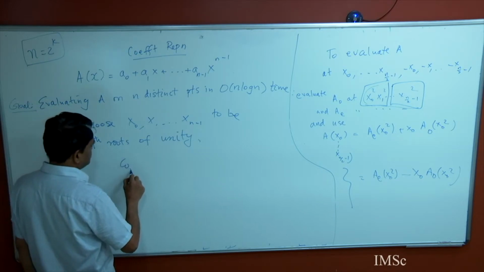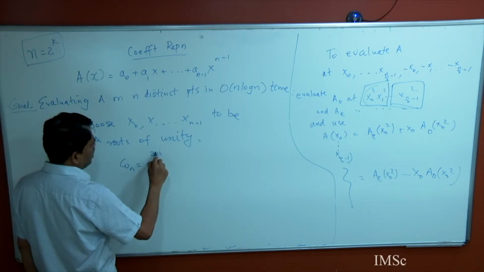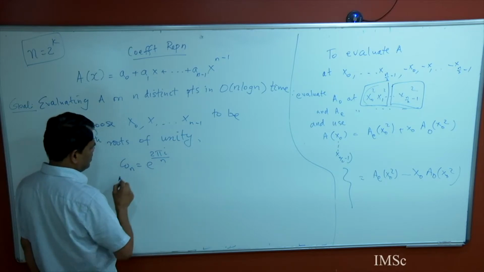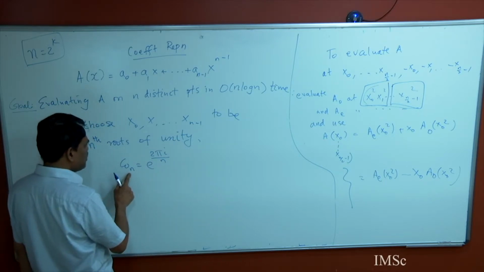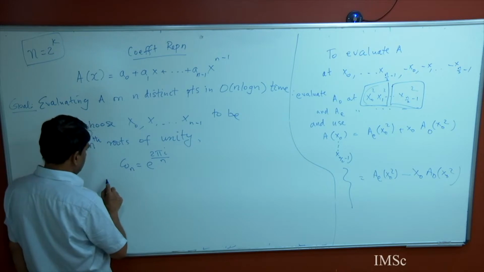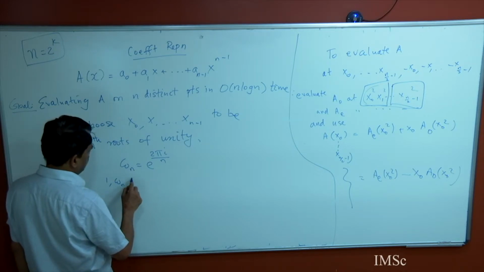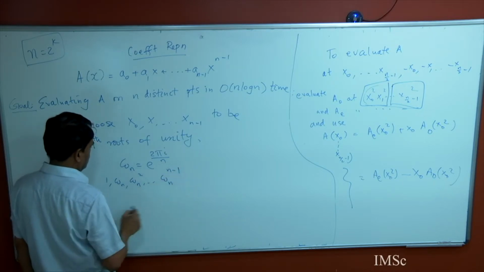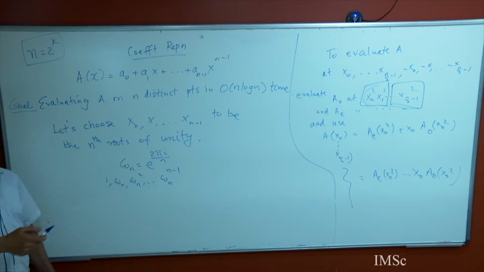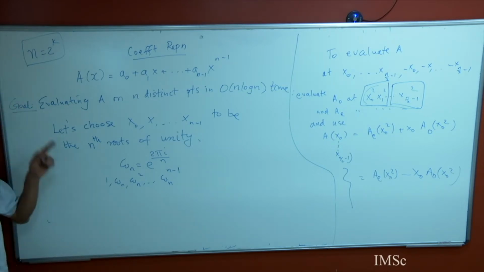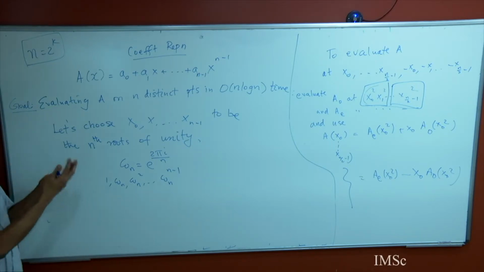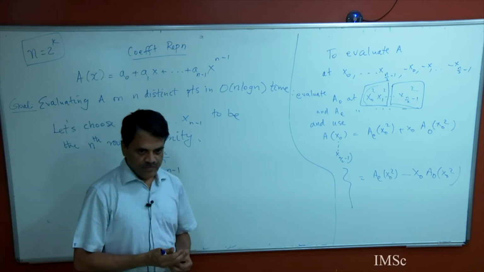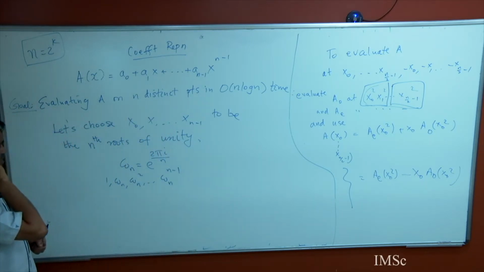Typically it's e to the power 2 pi i by n, right? This is the primitive root, complex nth root of unity, and so the roots are 1, omega_n, omega_n square, and so on. So this is now going to be my set of n points on which I am going to evaluate the polynomial. And now let's get to the theory to argue that it has the nice properties I need on the recursive steps. Okay. So what is it I need on the recursive step?